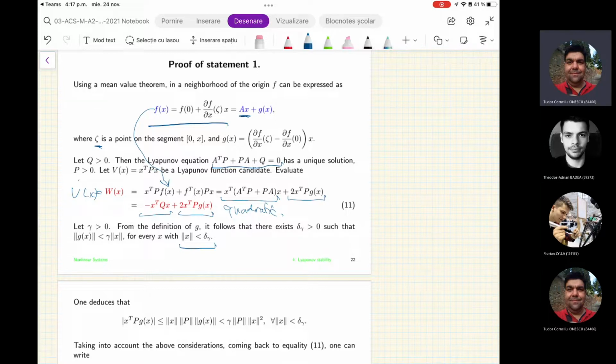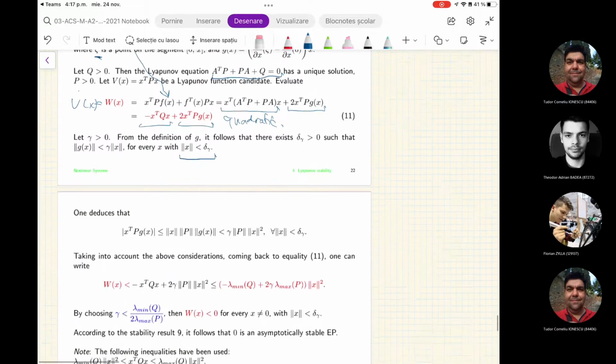Hence, we may further deduce that the absolute value of x transpose P G x is less than, this is a scalar.